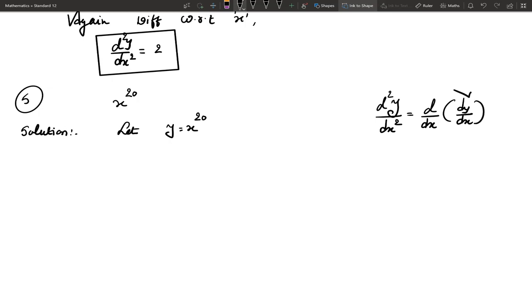So first find out derivative of y with respect to x, and then again you differentiate it with respect to x. So y equal to this one, so dy by dx is 20 into x raised to 19.